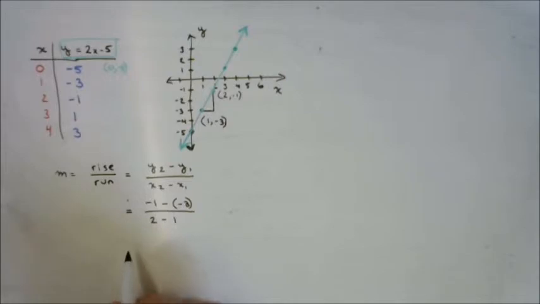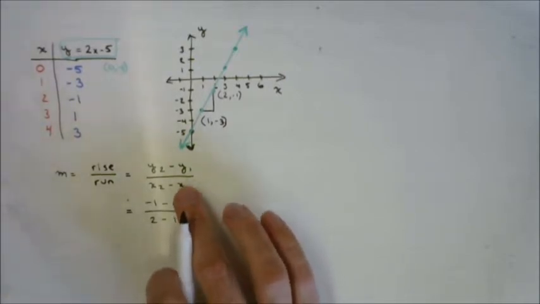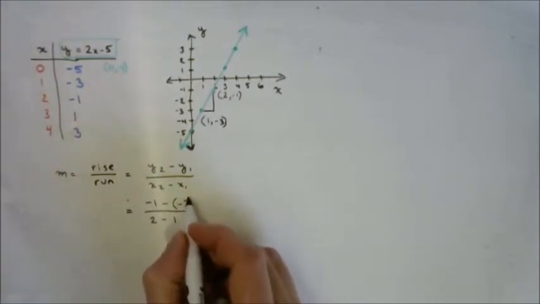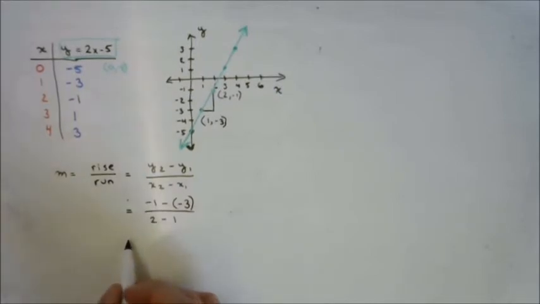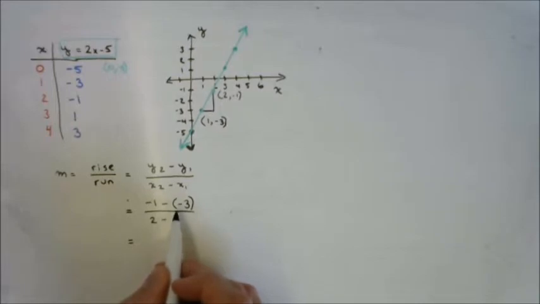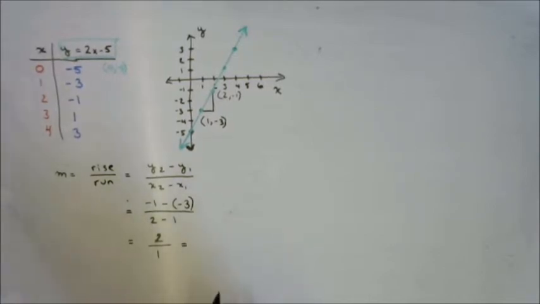So we've got negative 1 minus negative 3, which is negative 1 plus 3, which is positive 2. And 2 minus 1 is 1. So our slope is 2.